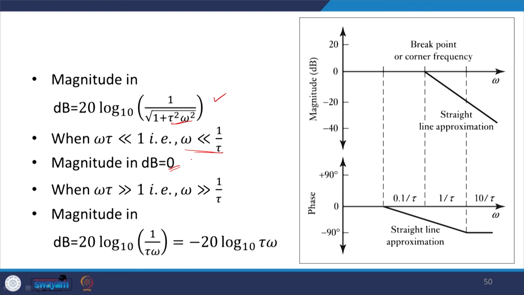So, this is what I am going to get for less than 1 value, this magnitude is going to be equal to 0, and if ωτ is very much greater than 1, say ω is very much greater than 1 by τ, okay, in this case the magnitude will be turning out to be like this, which is a straight line approximately. So, this is my plot. This frequency break point is called the corner frequency, okay.